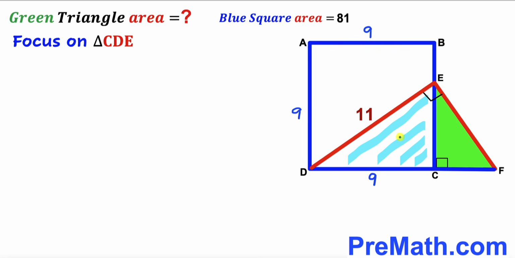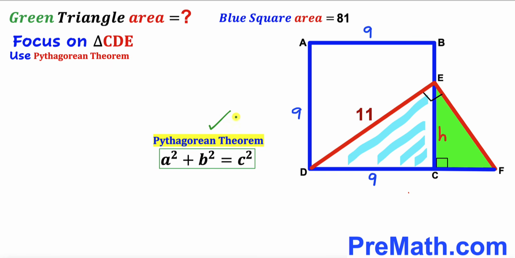Now we are going to focus on this right triangle CDE. I'm going to label this perpendicular CE length as height, lowercase h, and our task is to find the value of h. We are going to apply the Pythagorean theorem on this triangle: a squared plus b squared equals c squared.